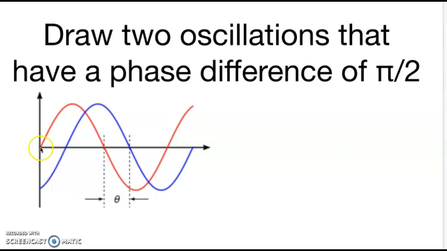So that means that T over 4, which would bring us to here, at that point, the blue oscillator is reaching equilibrium. T over 4 later, and that will be the same everywhere. If the red one reaches its peak at this point, the blue one will get there T over 4 later. So it's behind by a quarter of a cycle. I hope that made sense.